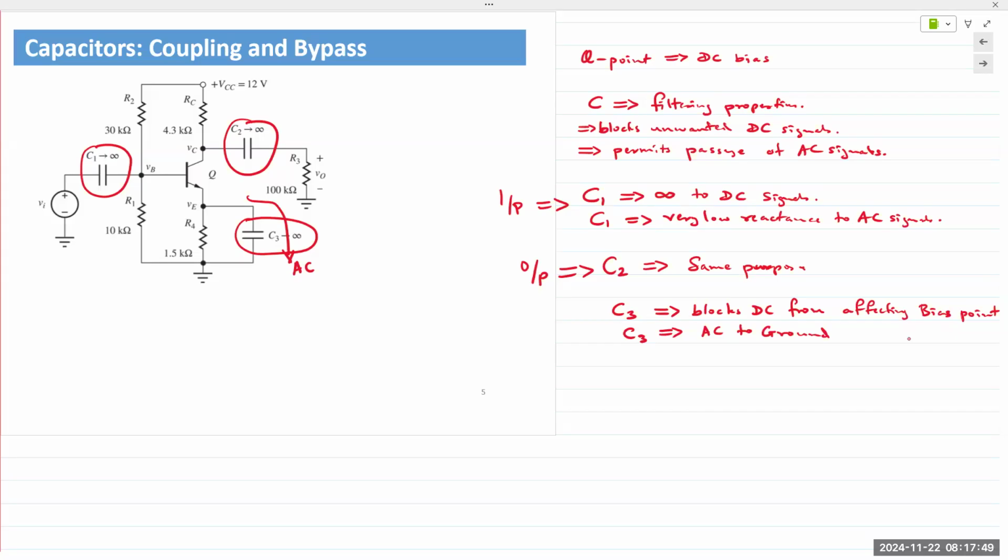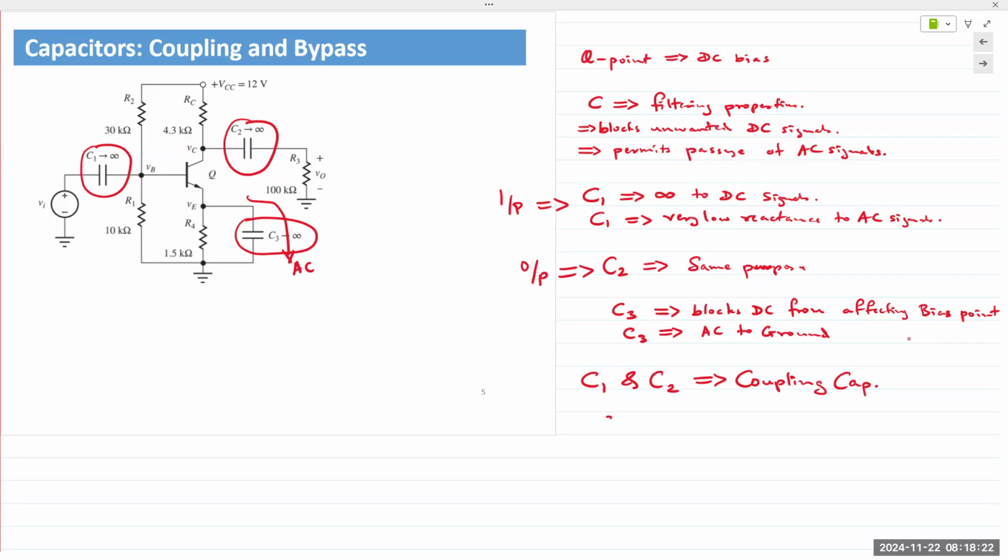So the names of these capacitors come from their application. C1 and C2 basically couple the AC signal either as input into the amplifier or as output to the load. Since they are coupling the AC, they are known as coupling capacitors. So C1 and C2 are known as coupling capacitors.